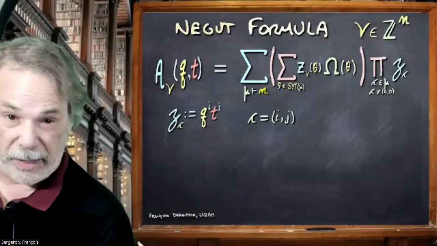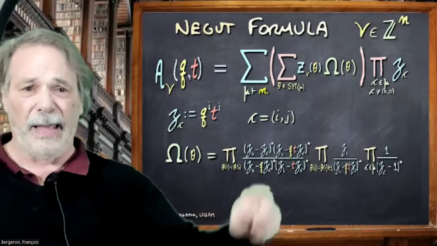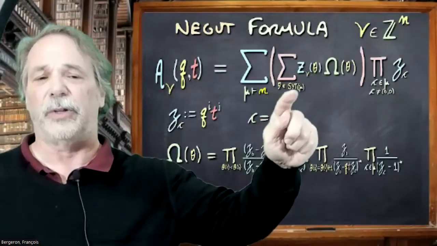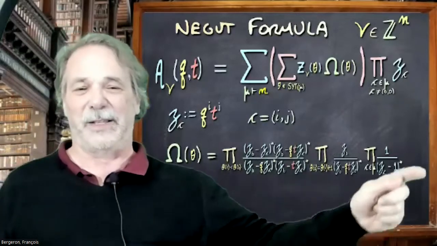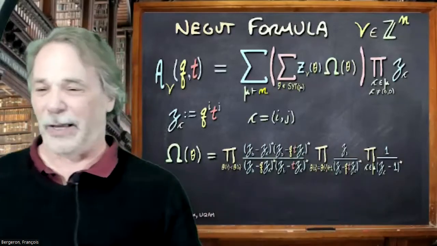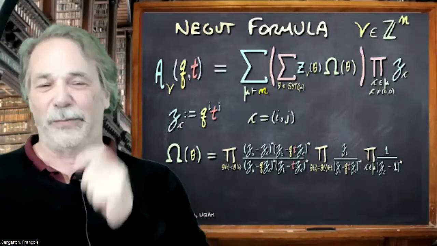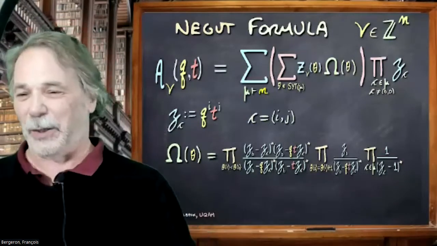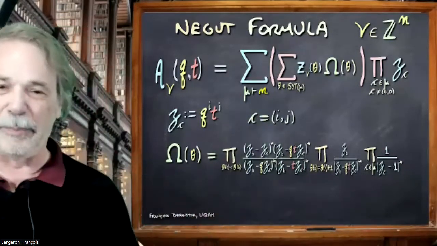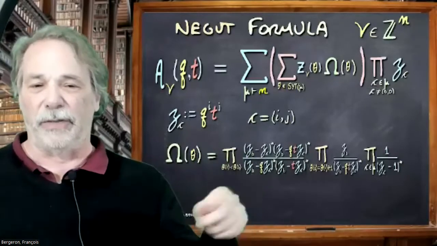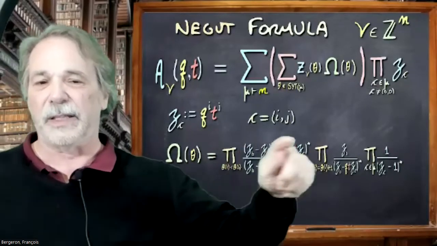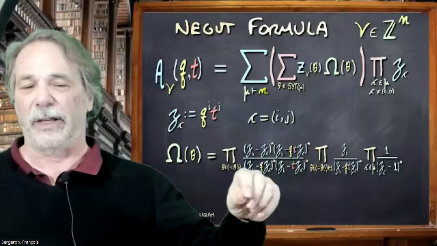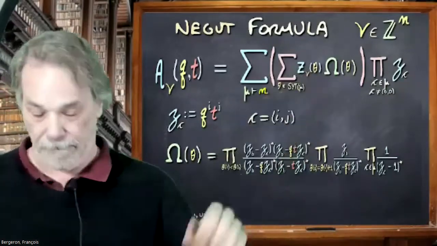And then I'm explaining to you what is omega of a standard Young tableau. It's a very simple expression that hopefully you're not seeing well because it's too small. But I'm going to zoom in on a part of it just to give you a flavor of what this is. Globally, it's some calculation that gives you a rational fraction in Qt.